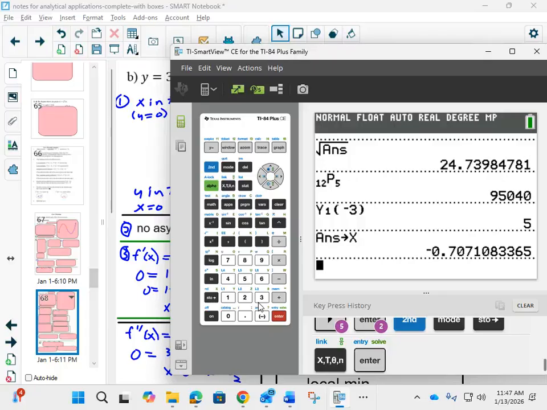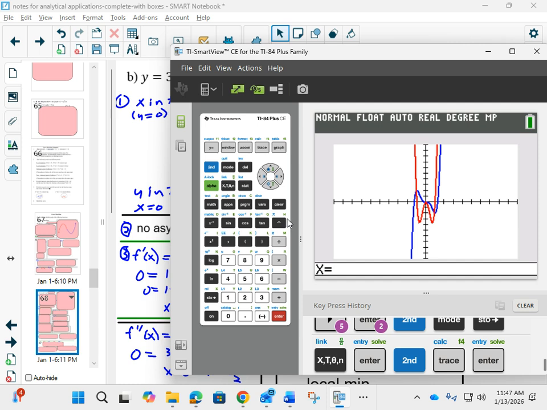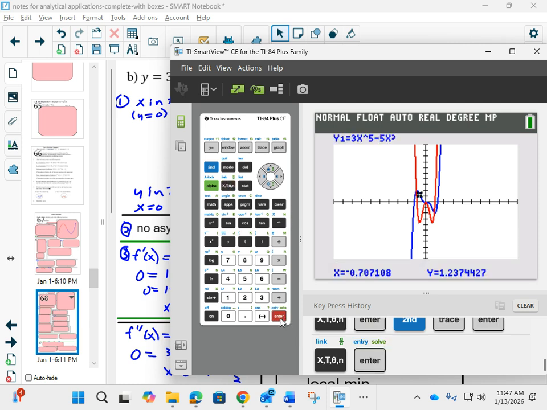In this case, I wanted to use this x value to figure out what it was on my blue graph. So now I'm going to go second, calculate again a value, and I want the value to be what I just stored it as. Now it's on my blue graph.